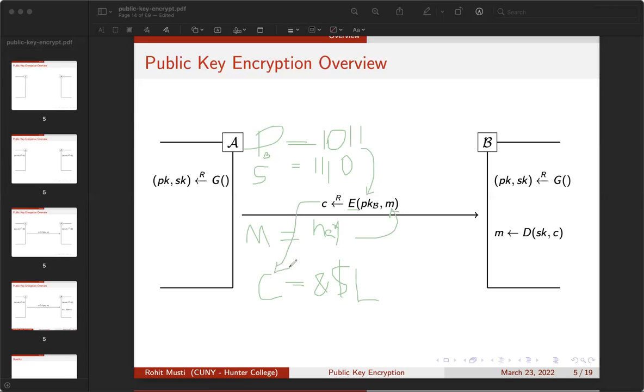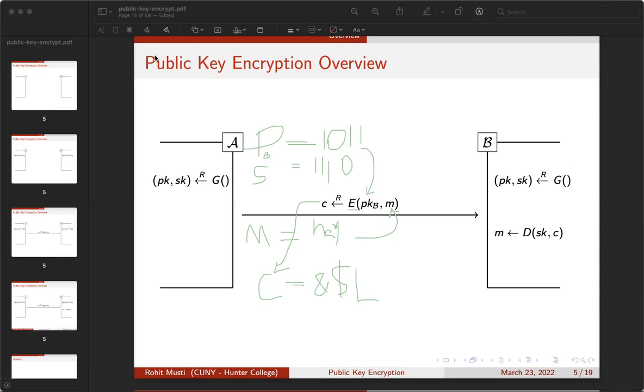What's important about this is that it's asymmetric. You might hear public key cryptography referred to as asymmetric cryptography. What that means is that if you try to call the decrypt function on the public key, it won't be able to decrypt properly. It'll only decrypt properly if you use the secret key.